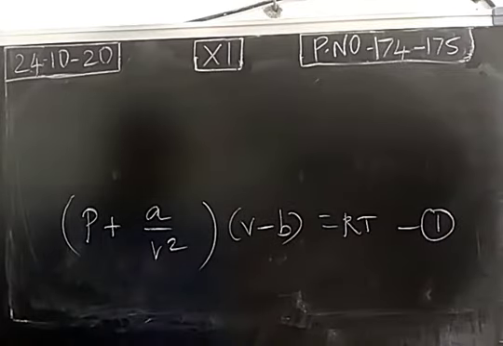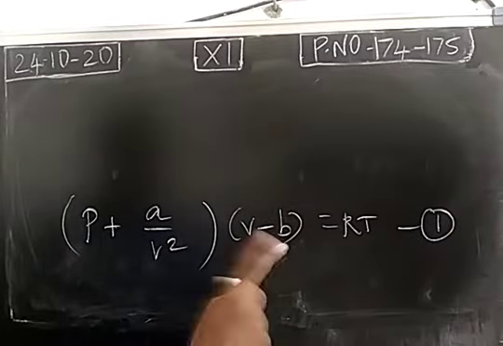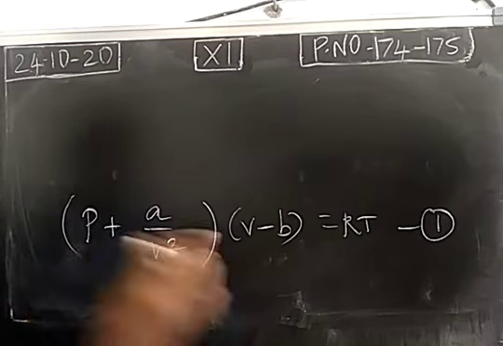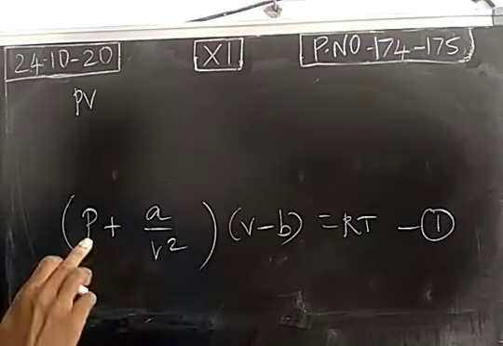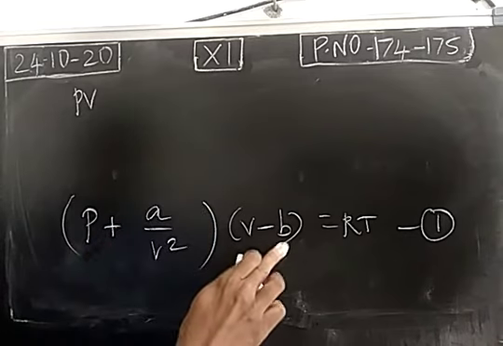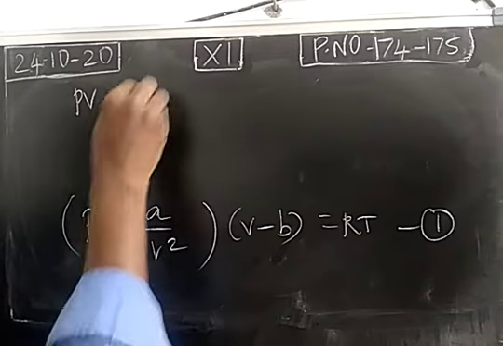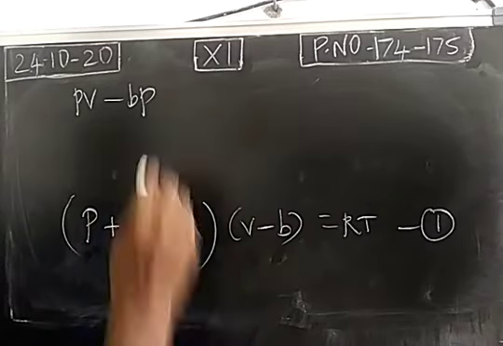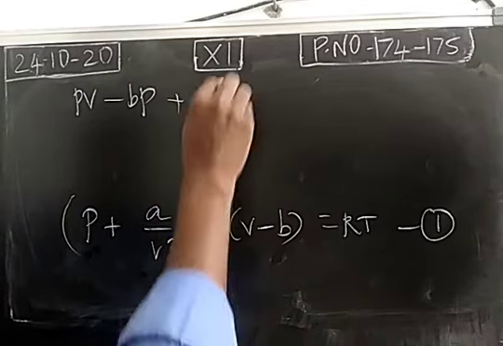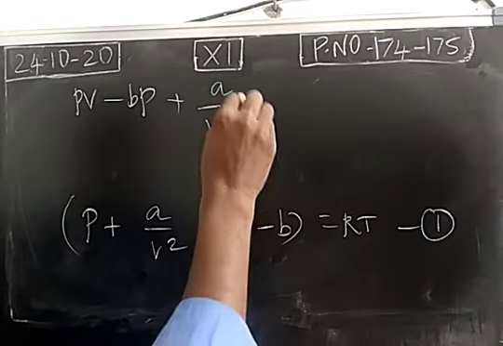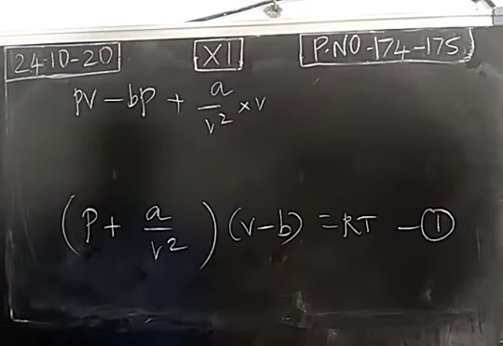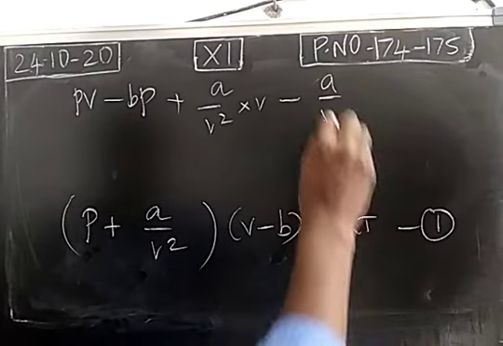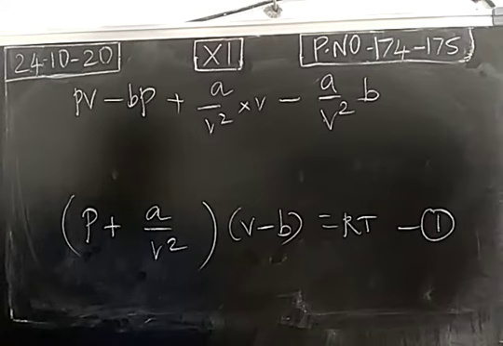So our aim is to derive critical constants from the van der Waals constants. Okay, you just multiply these two. P into V, then this will be multiplied by P, so minus bP, then a by V squared is multiplied by V, so plus a by V squared into V, minus a by V squared into b.